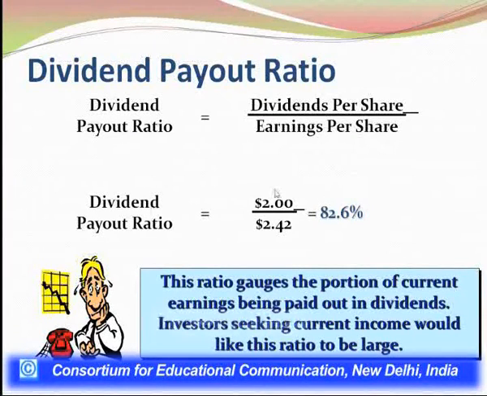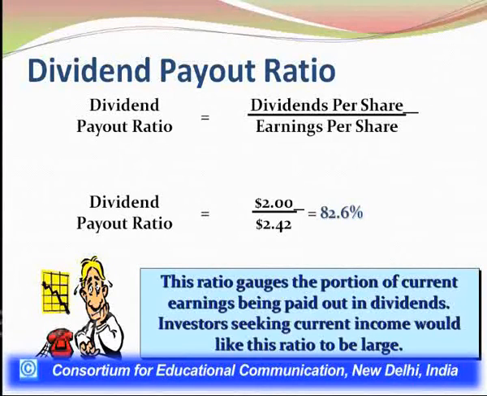So here your dividend payout ratio for the company is coming out by dividing 2. Where does this 2 come from? $2 is being paid to each shareholder as dividend for the year 2007. So everyone who was holding shares is getting $2 per share as dividend.